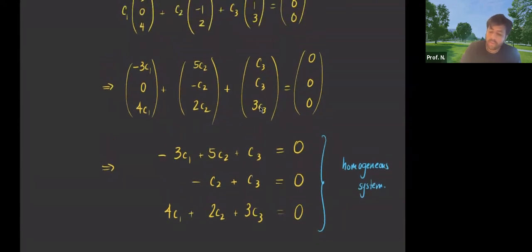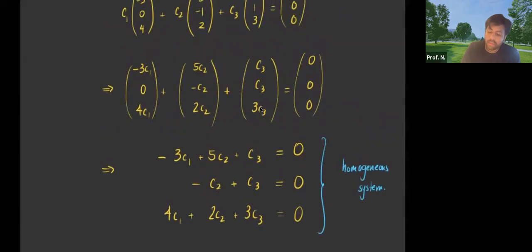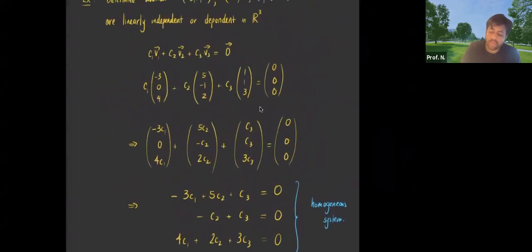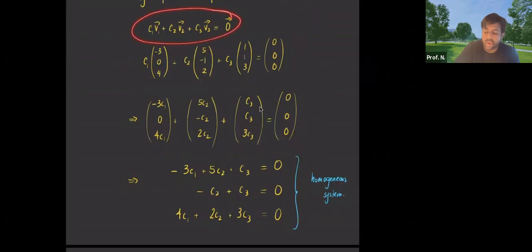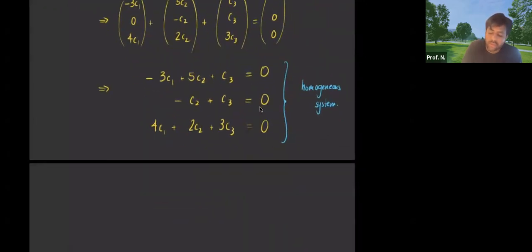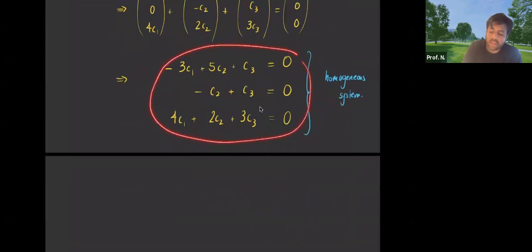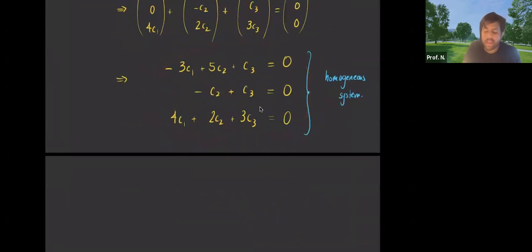And then the problem has transformed itself from asking what the C1, C2, C3 are in this linear combination of v1, v2, v3 that would give me 0, into asking whether or not this homogeneous system has solutions, or if it has more than one solution, or no solution, or only a unique solution.